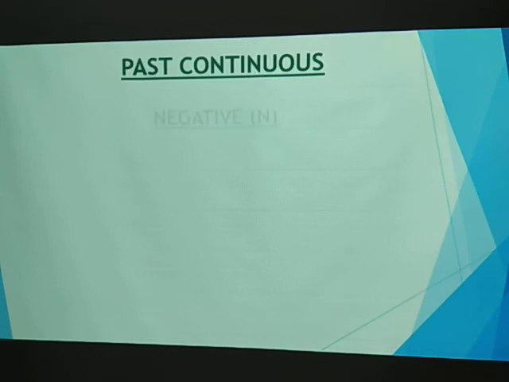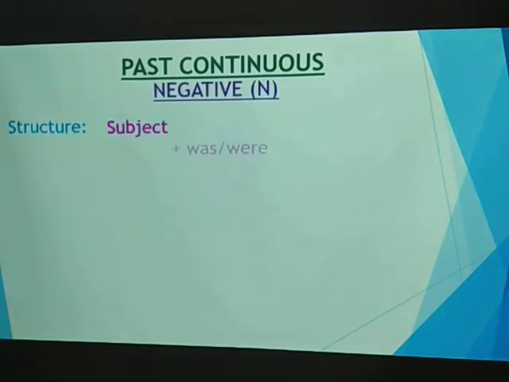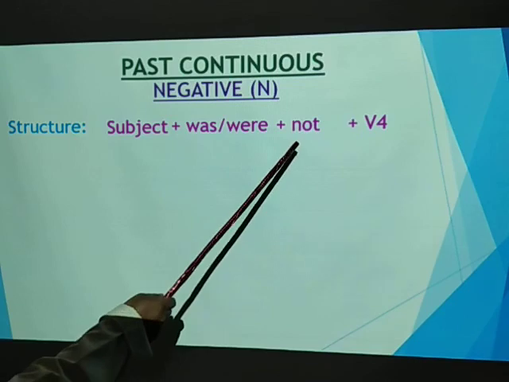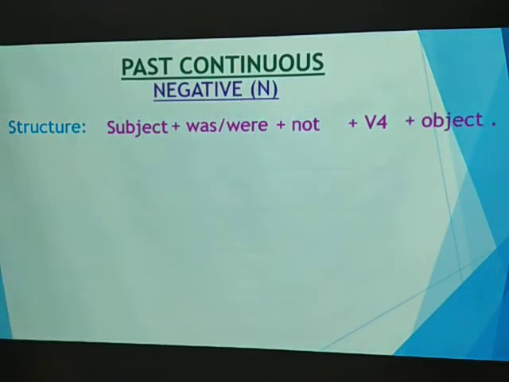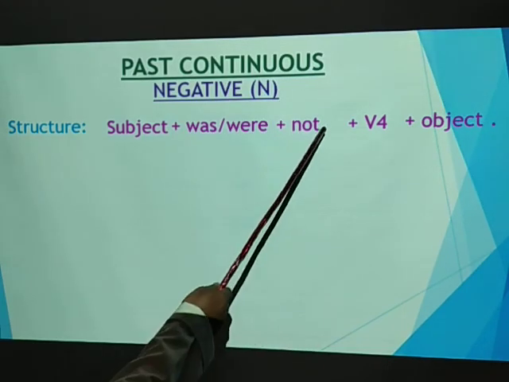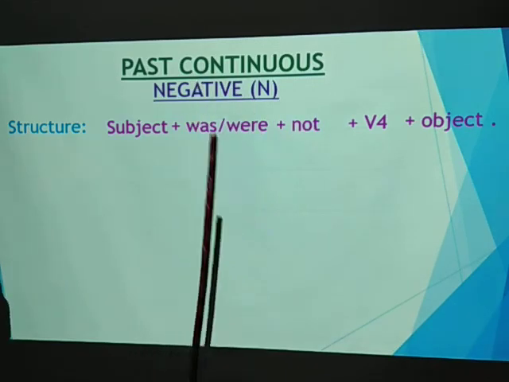Next is the past continuous negative sentences. Structure: subject plus was or were. Up to here, both of these are the same. Then comes not, then comes V4, then comes object. So the only difference we notice between the positive and the negative in past continuous is that not has been added after was or were.